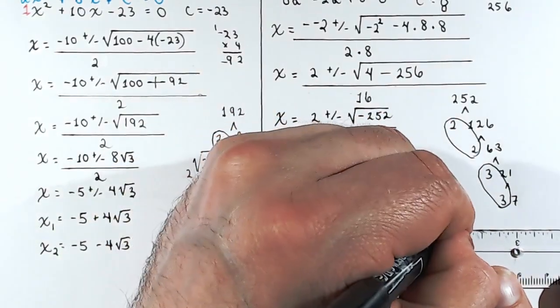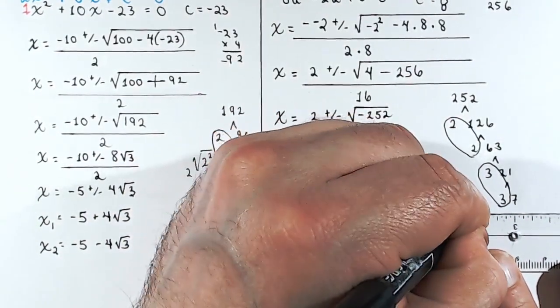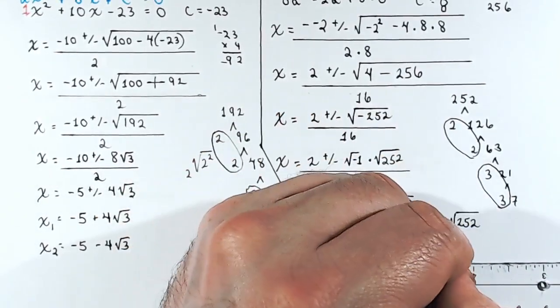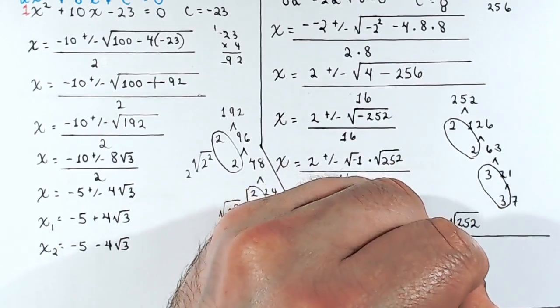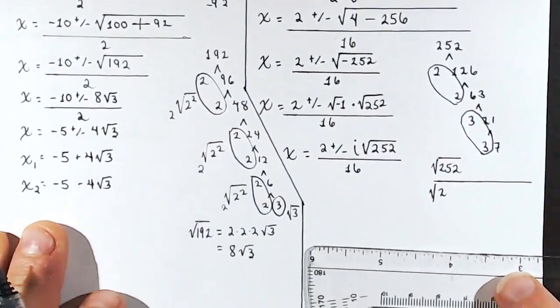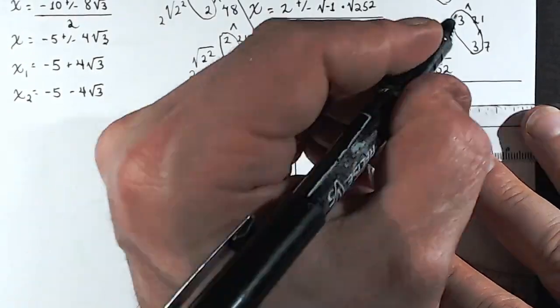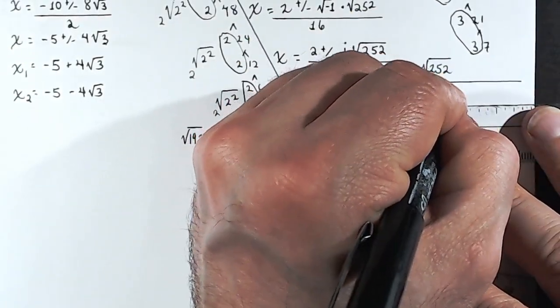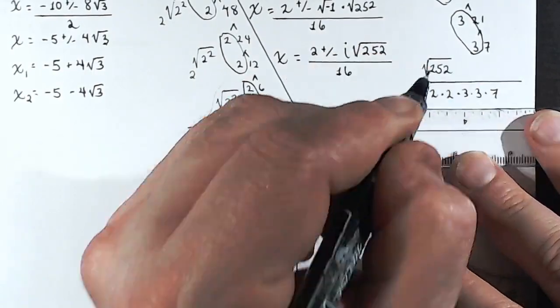So the square root of 252 can be simplified as this. First we have to write the square root of 2 times 2 times 3 times 3 times 7.